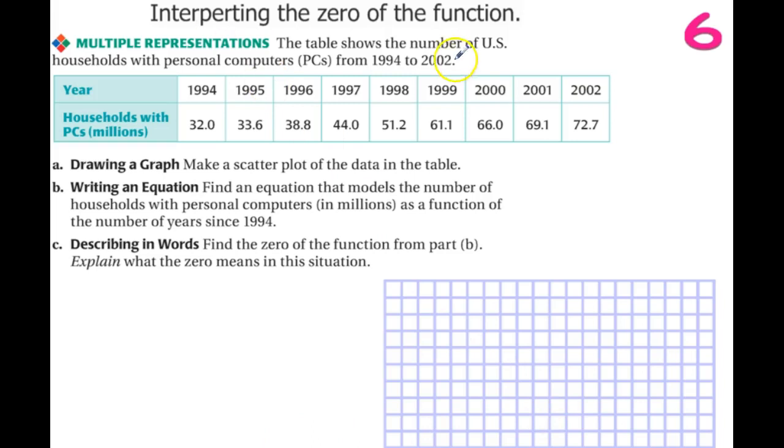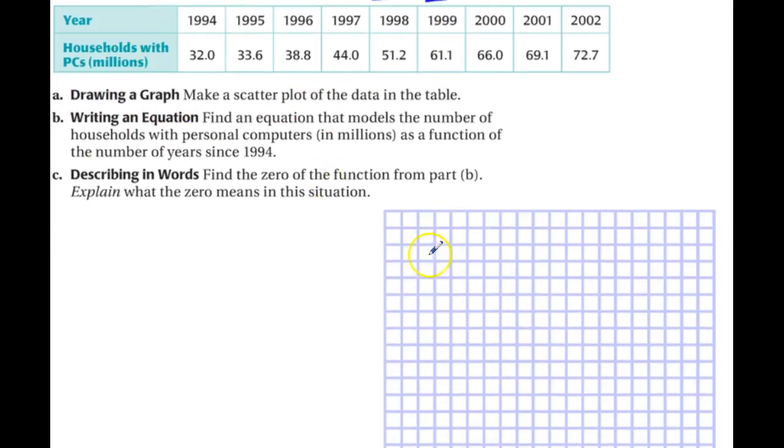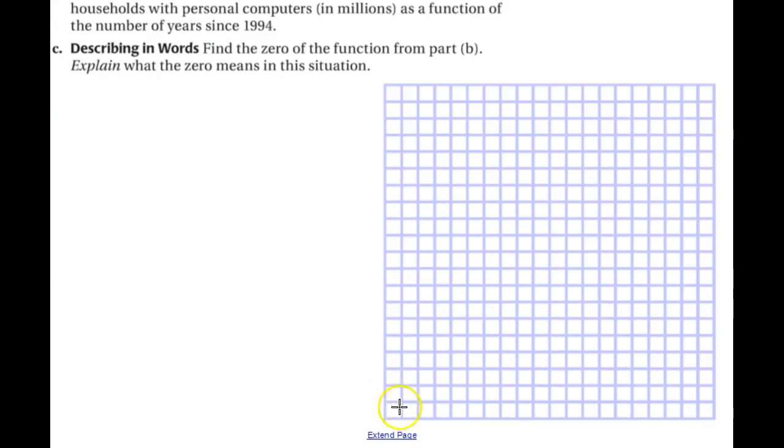Next, interpreting the 0 of a function again. The table shows a number of U.S. households with PCs, or personal computers, from 1994 to 2002. First, we're just going to plot the points. Year is always on our x-axis, and whatever else goes on our y-axis. All these numbers are positive, so I only need quadrant 1 of my graph.